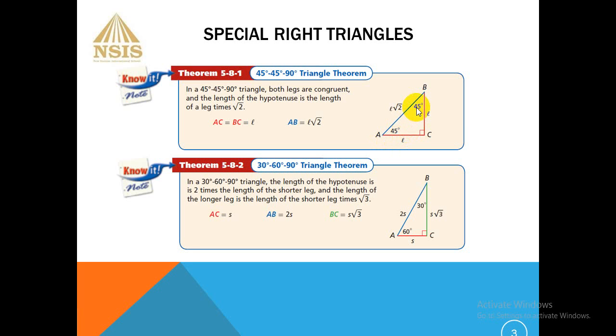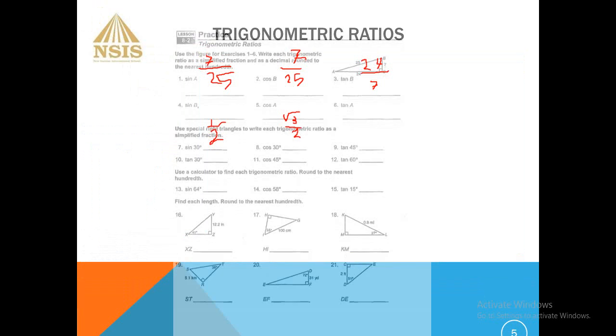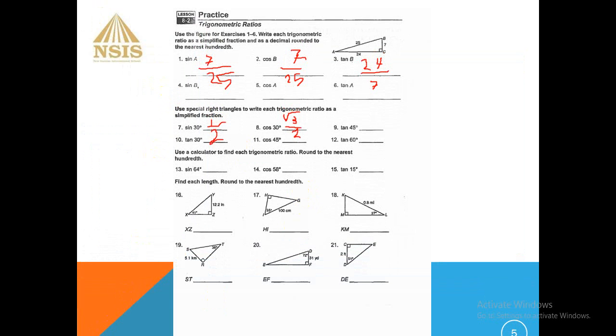What's the tangent? The tangent is opposite over adjacent. So L over L is 1. That's right. It's 1. Very good.